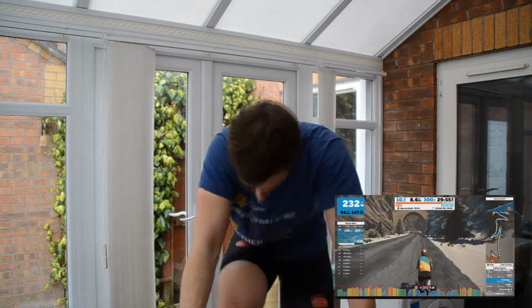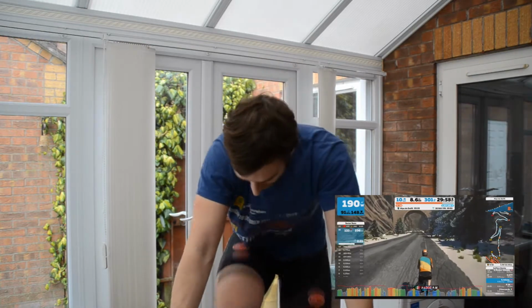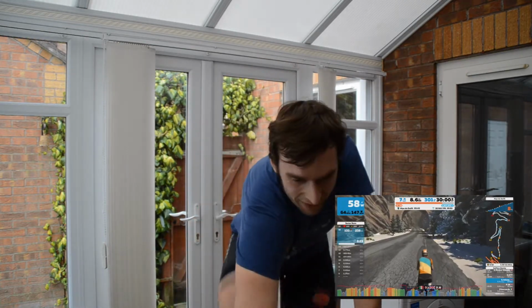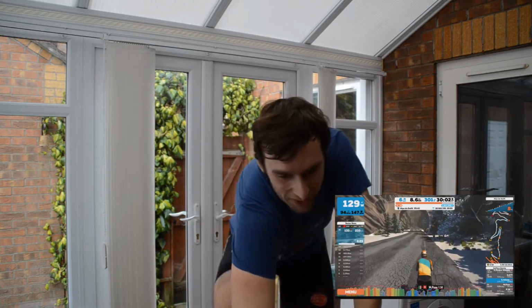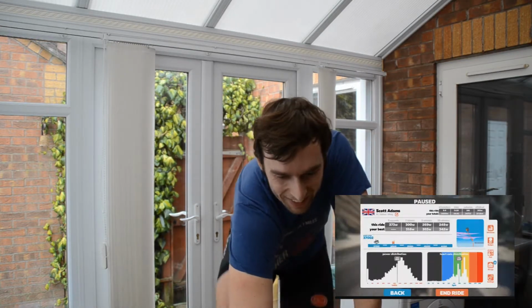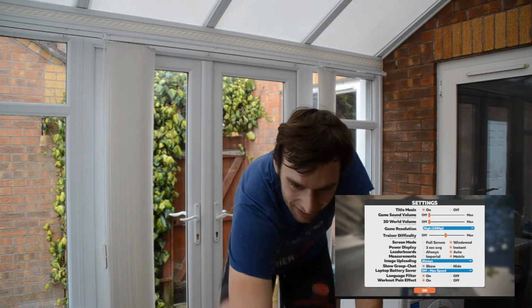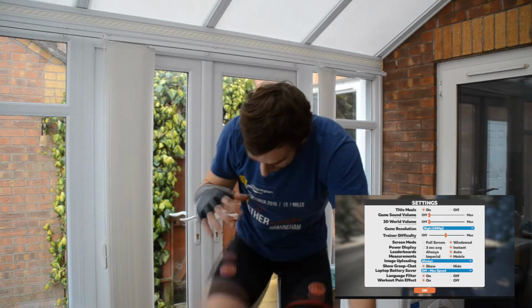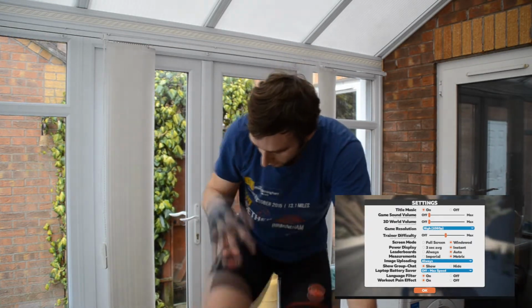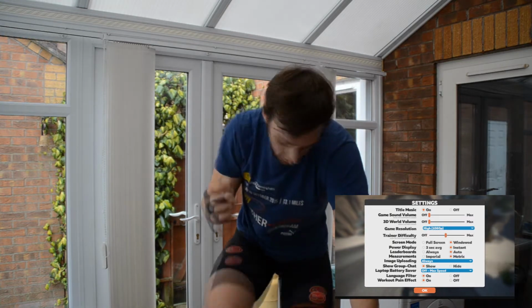So let's try 100%. But before we do that, I'm going to shift up a few gears because I know what's coming. So just to say, actually, on the front cog, I'm on the smallest ring, or I was.